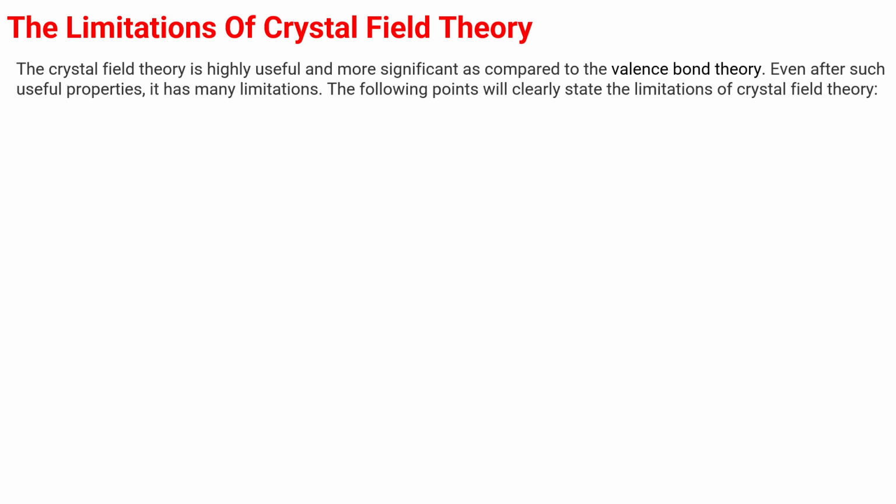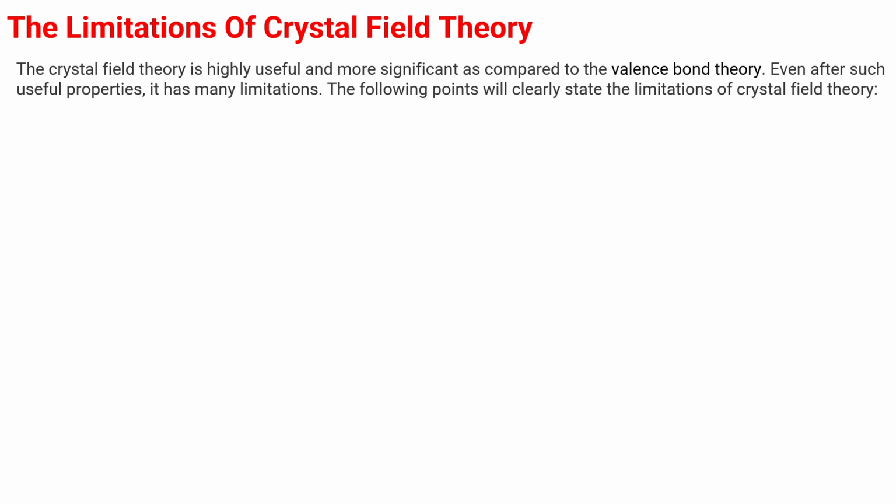In VBT, they said that the coordinate bond forms and is covalent in nature, where both metal and ligand share their electrons to form a covalent bond. But in crystal field theory, they said that the bond is completely electrostatic, and this theory explains the strong and weak nature of the ligands depending upon the amount of splitting of the d orbitals.